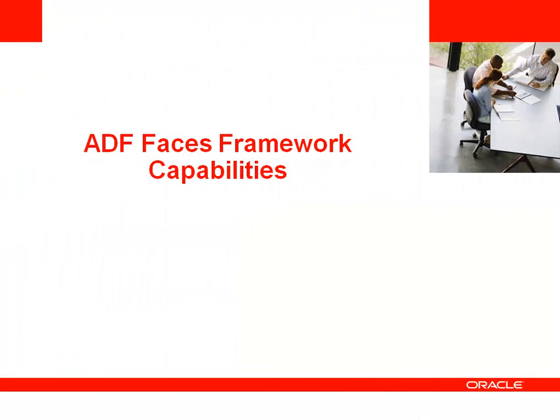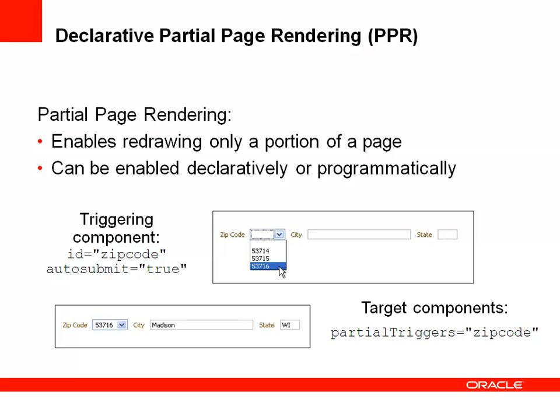So let's finish up by talking about some of the other framework capabilities of Oracle ADF Faces. One key capability is declarative partial page rendering. That's a core functionality for modern web applications, and that's the capability to change the value of one area of the page depending on changes in another area of the page. For example, what you can see here is an example where when we choose zip code, the city is going to be updated automatically.